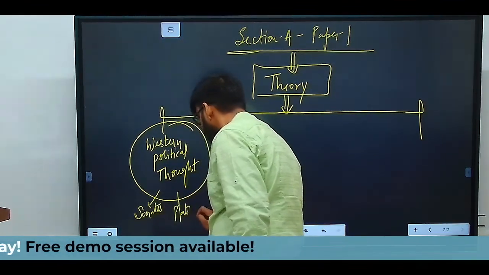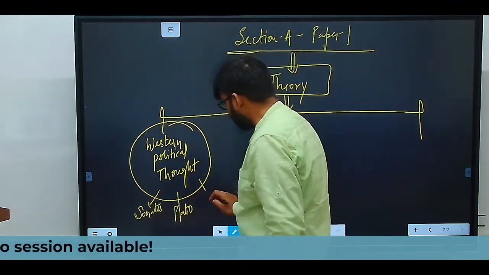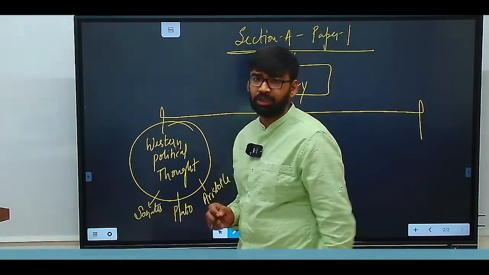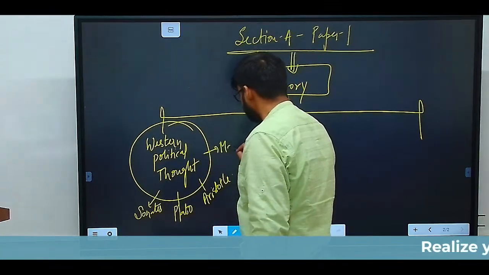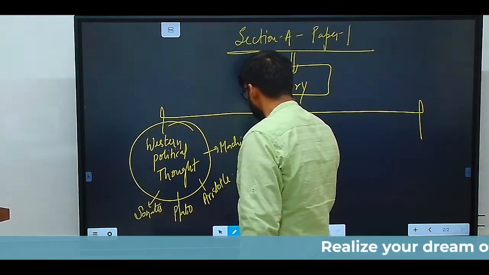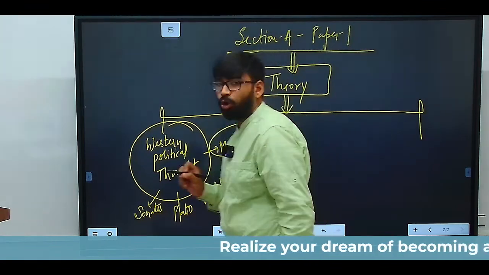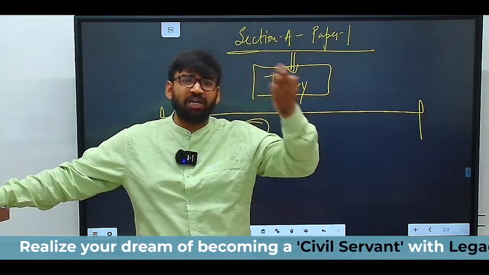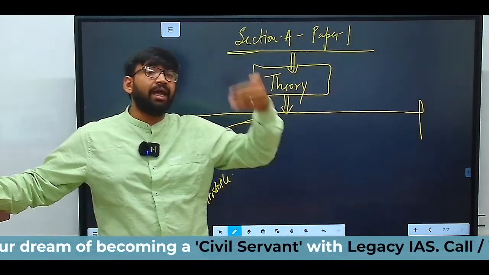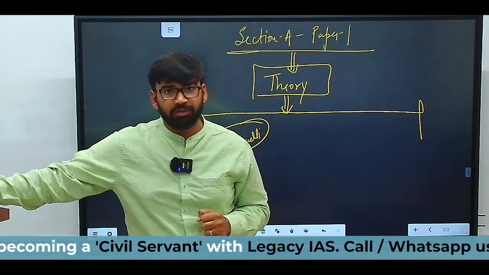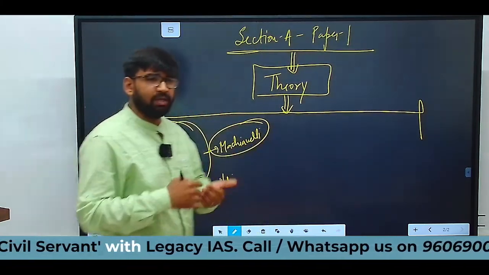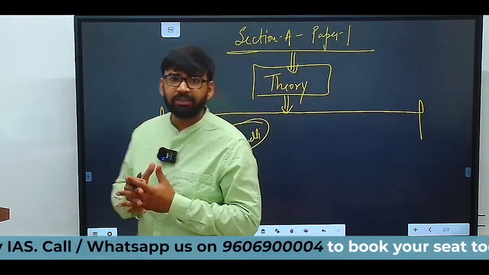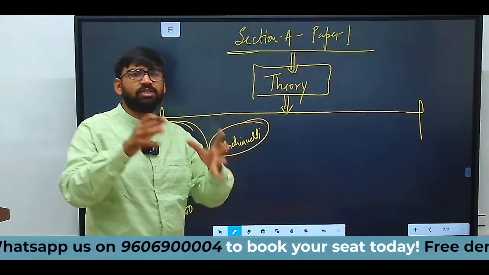Western political thought starts from the time period of Socrates, Plato, then the disciple of Plato, Aristotle, then Machiavelli. The thoughts of Machiavelli represent the transitional phase from the ancient world to the modern world. Then after Machiavelli, Thomas Hobbes, John Locke, Gramsci, Karl Marx, Hannah Arendt, all these scholars are there.